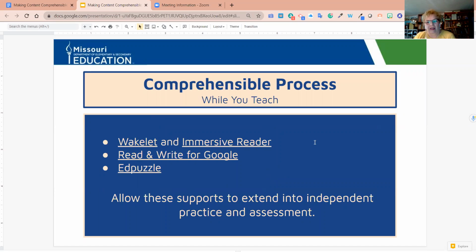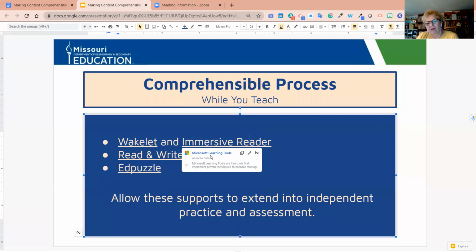These are some tools, again, that I really think are wonderful for our ESL students. I love Wakelet and Immersive Reader. If you haven't used either one of those, Immersive Reader is built into Wakelet, and I've provided links so that you can go and check them out further.